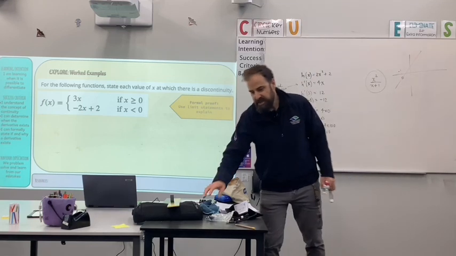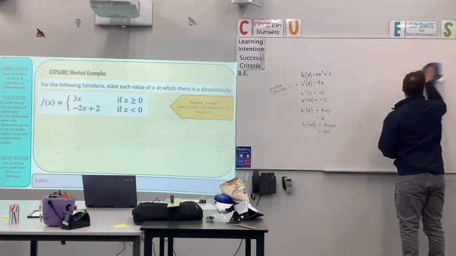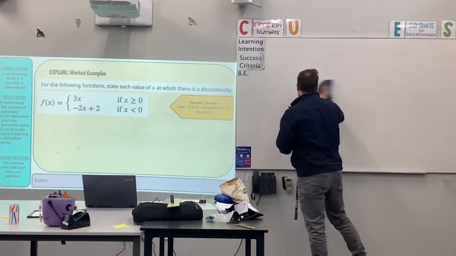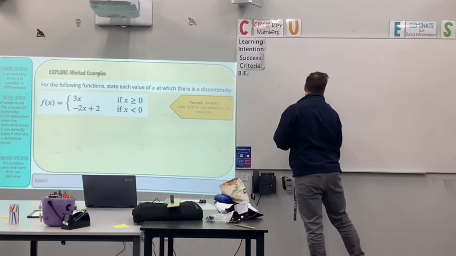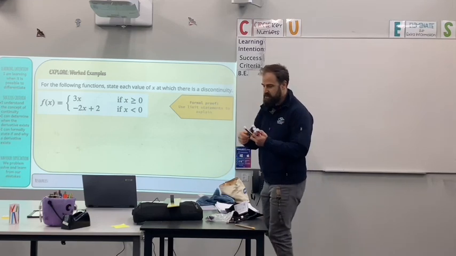For a formal definition, what we need is for the graph to be approaching the same value from the left-hand side of the graph and from the right-hand side of the graph.